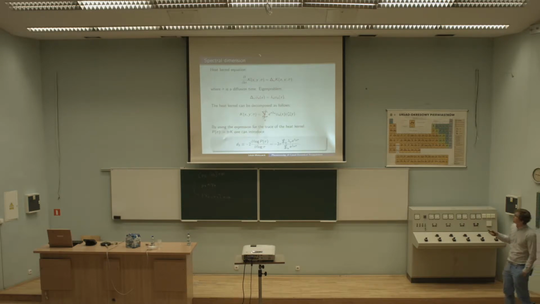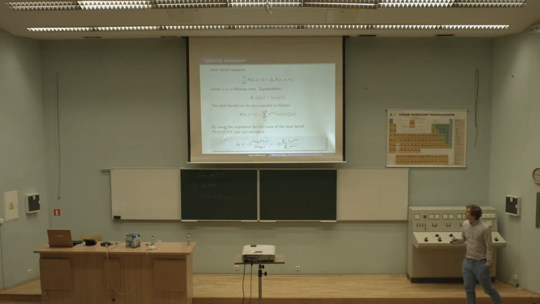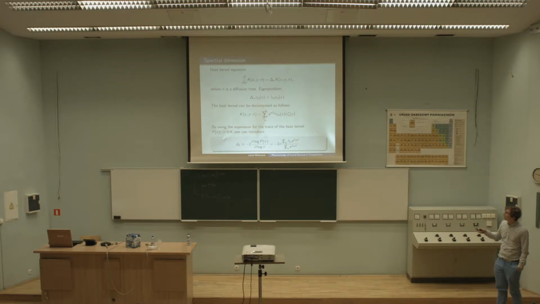In order to define the spectral dimension, let me start with the heat kernel equation, which is just the diffusion equation with the initial condition being a Dirac delta function. Then we have the Laplace operator, an elliptic operator, for which you can study the eigenvalue problem, and using the eigenvalues and eigenfunctions you can write a solution to this equation in a particular form, which will be useful later.